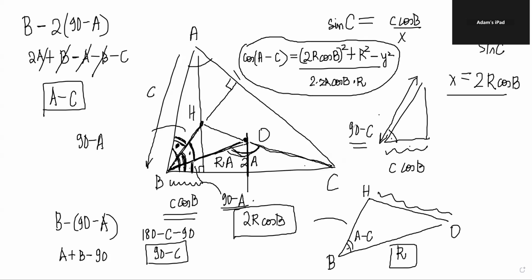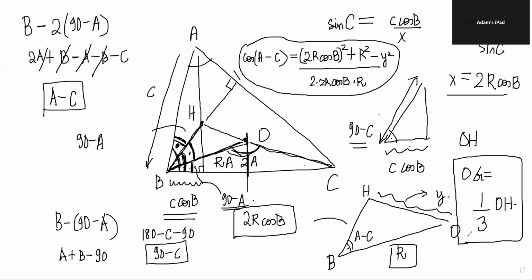It looks annoying, but it can be done. You can solve for Y. Y is this. So if you know Y, which is OH, our OG is 1/3 of that by the property of the Euler line, right? Yes.